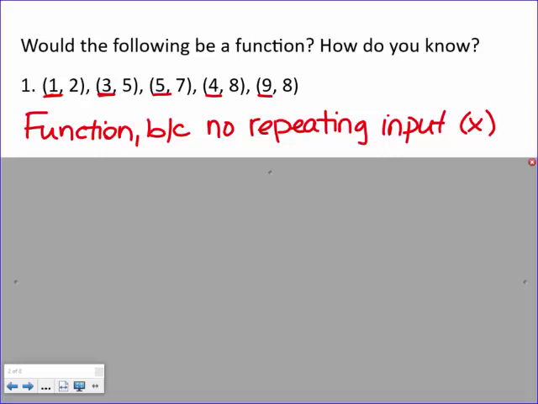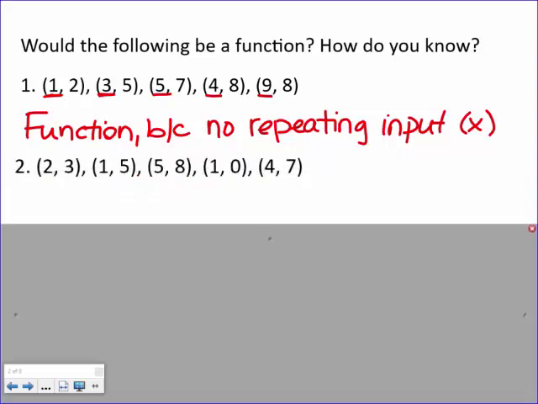Input, output, independent, dependent, domain, and range are some more words we'll learn this week. They like to use those instead of just x and y, because x and y everybody knows, and so using that vocabulary is just one more way to try to stump you. Okay, so I want you to know that vocab. All right, so we know that one is a function because there are no repeating input values.